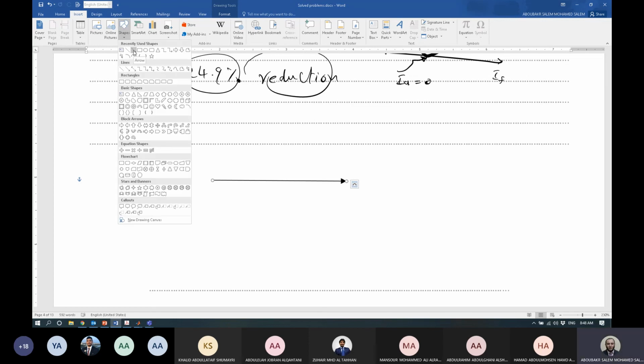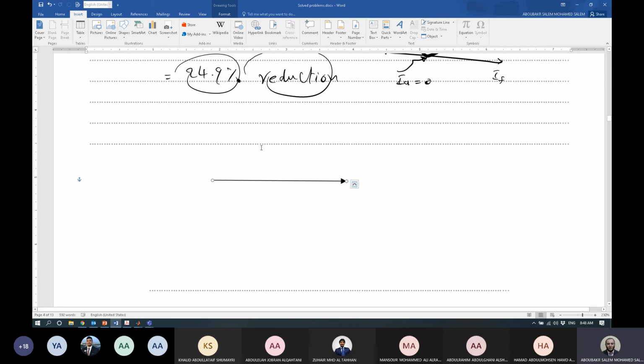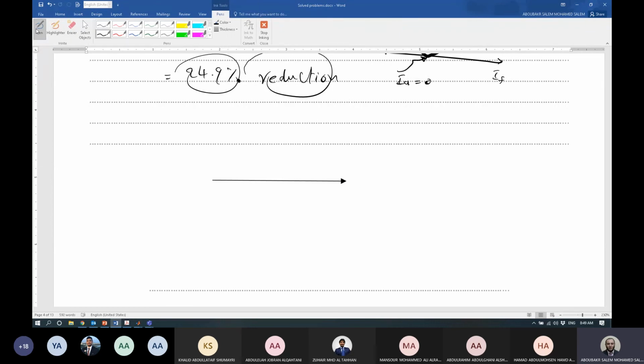If you have, for instance, guys, for this problem I will give you just a modification. Instead of having the power given, we can only consider the value of current.